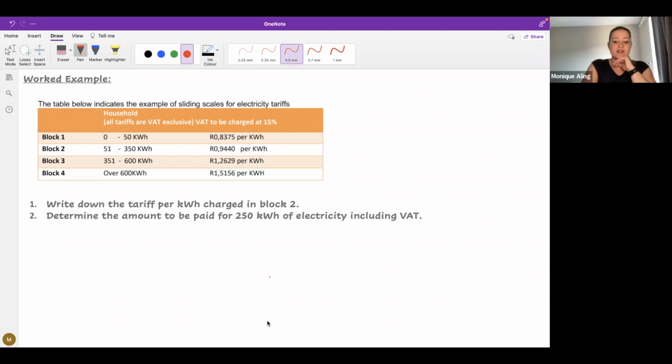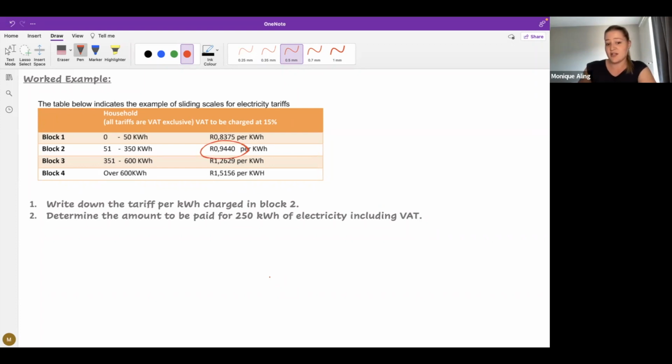Okay, so the reason I'm asking you this, and I want you to check out the charge, can you see that electricity tariffs are given mainly in cents? They normally charge in cents. We've got 0.8375 cents for block 1. Block 2 is 0.9440 cents.